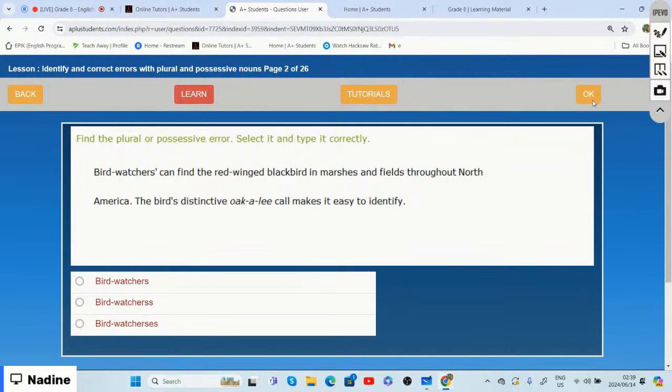Bird watchers can find the red-winged blackbird in marshes and fields throughout North America. The bird's distinctive call makes it easy to identify.